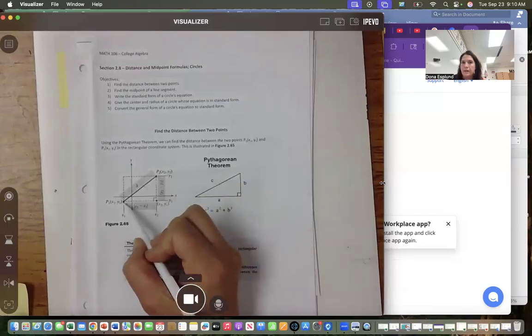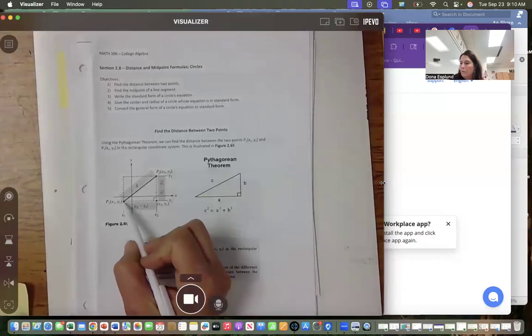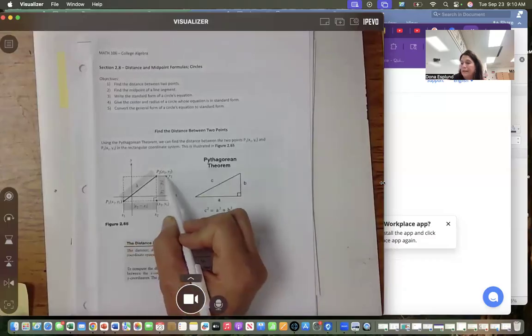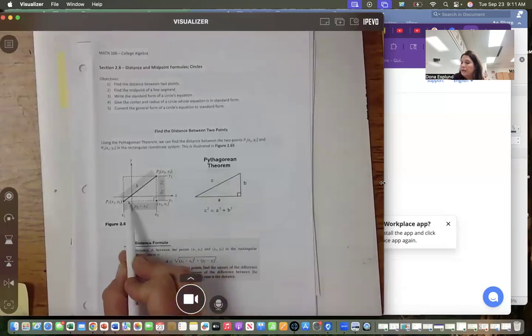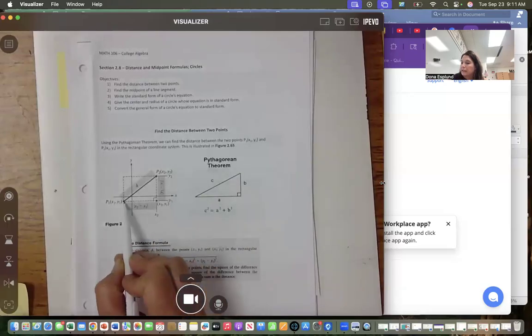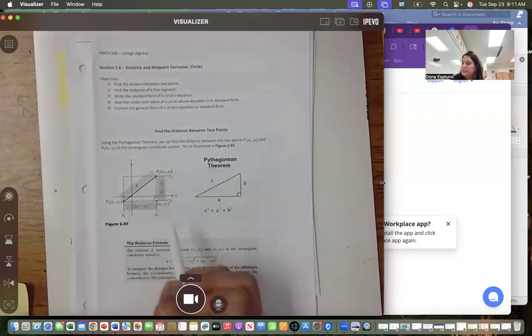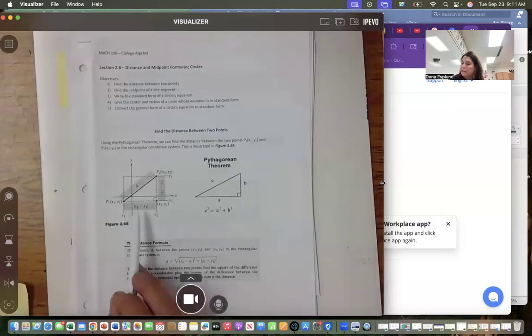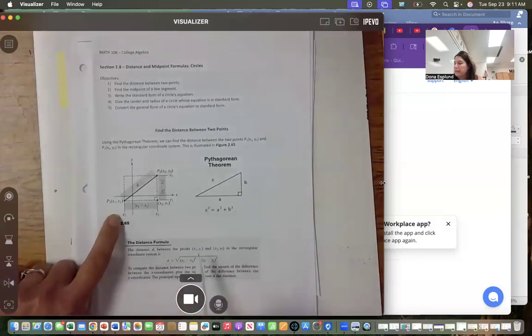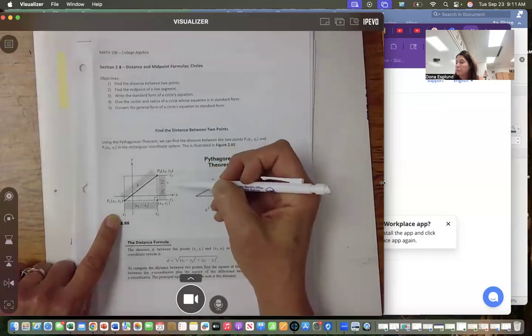distance formula. So if I have 2 points, x1, y1 and x2, y2, what they're doing in finding the distance formula is looking at the length of the legs. The length of this leg would be x2 minus x1, and the length of this leg would be y2 minus y1.